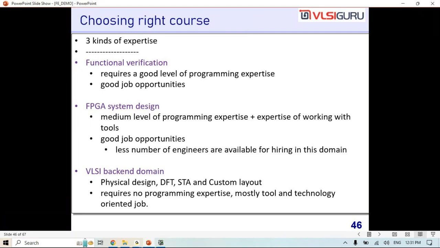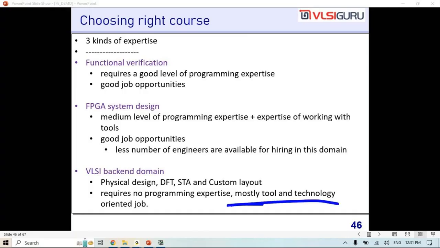Back-end domain will involve physical design, DFT, STA, custom layout, requiring no programming expertise. The job will be mostly tool and technology oriented. Clear, right?